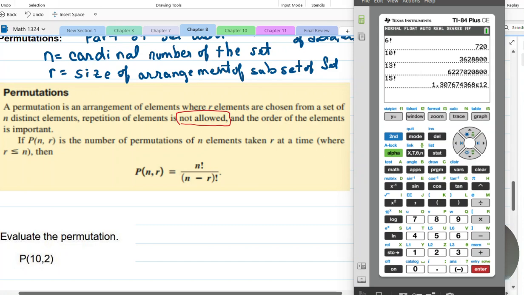And the order of the elements is important. So if you're writing notes, you must state that order is important. The number of permutations of n elements taken r at a time, where r is less than or equal to n.